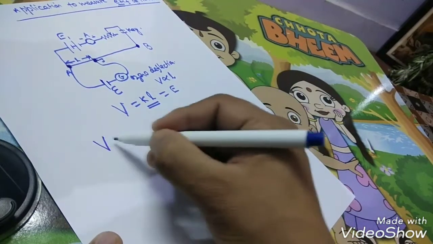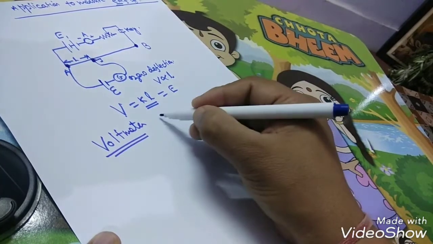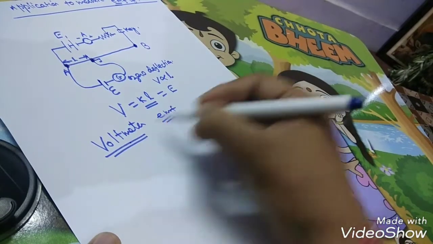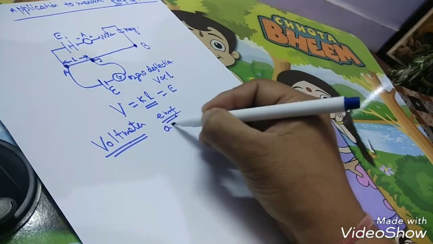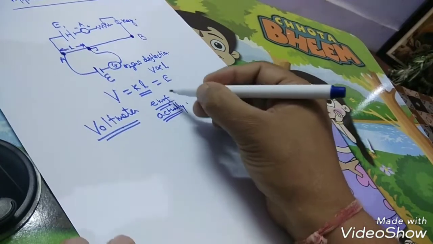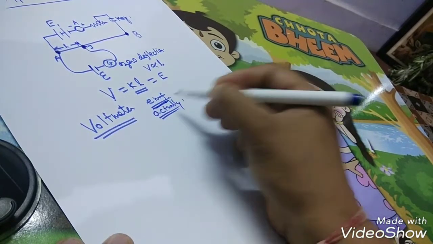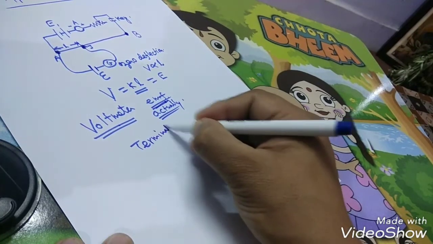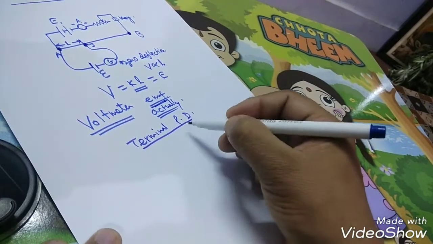Now we know that a voltmeter is also used to measure the EMF of the cell. But does it actually measure EMF? No, it actually does not measure EMF. It measures the terminal potential difference of the cell. What is terminal potential difference?